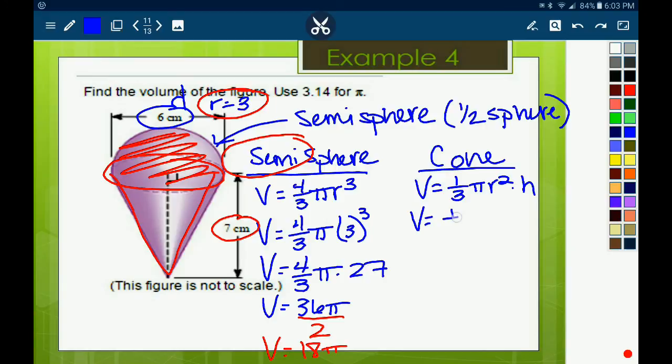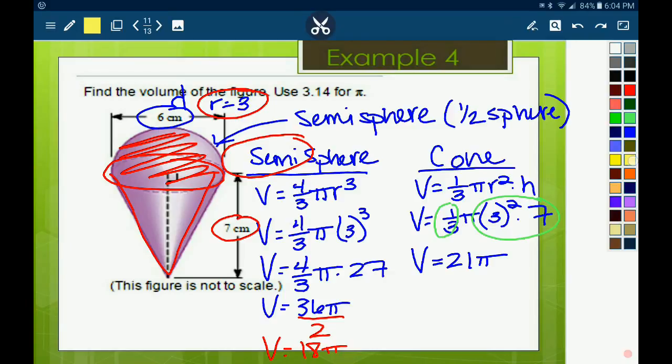Volume is equal to 1/3 pi times 3 squared times 7. So I'm first going to simplify these guys and leave it in terms of pi. So volume is equal to 3 squared is 9. So I'm doing 9 times 7 and then dividing it by 3 or multiplying by 1/3. So really I have 21 pi here.